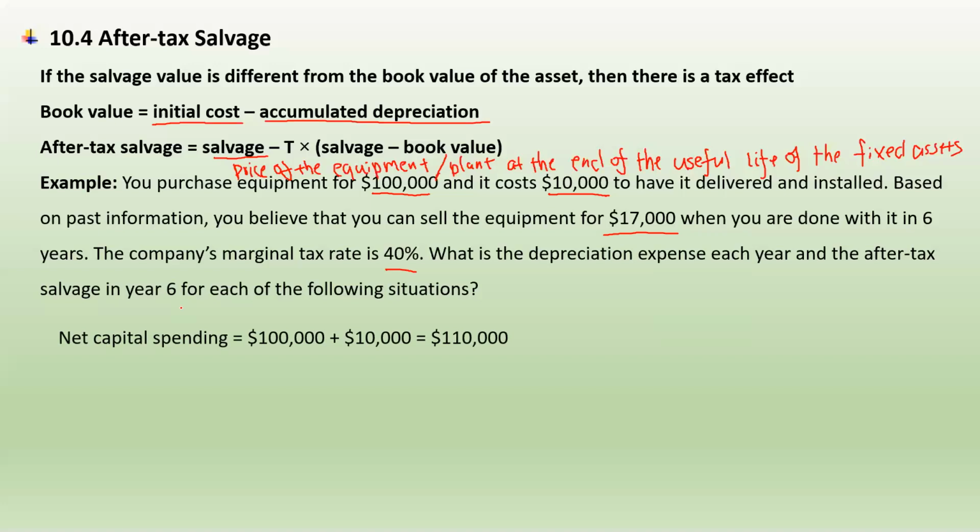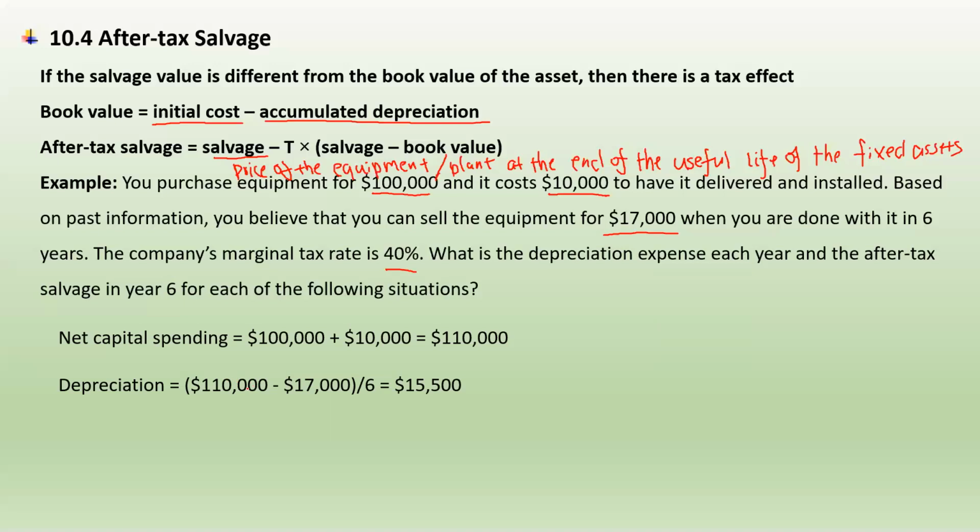So the net capital spending is the price plus the installation cost, because this installation cost is an incremental cash flow. Only because you buy this equipment, this cash flow happens, so we should include it in our analysis. For depreciation, we use this $17,000 US as the end value.